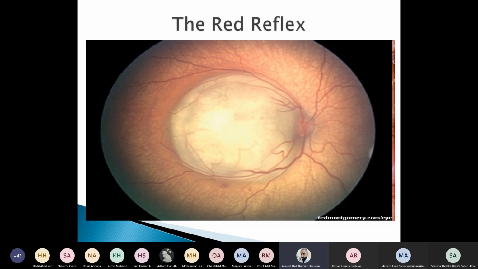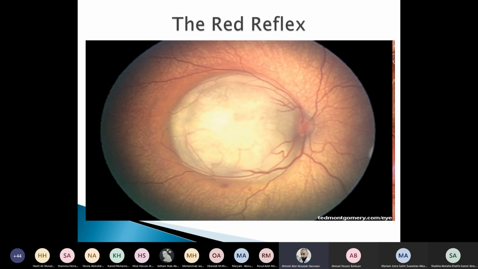Can you see that the cornea here is clear, but within the pupil, this brown thing is the iris, and in the middle is the pupil. Behind the pupil there is an opacity. This is actually a cataract, which is opacification of the lens itself.